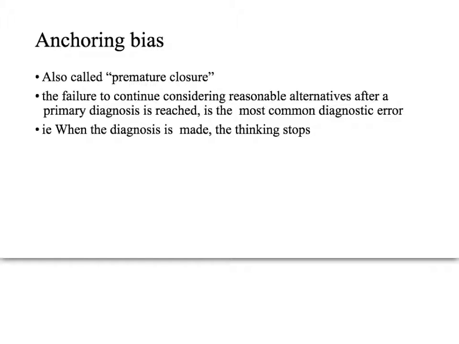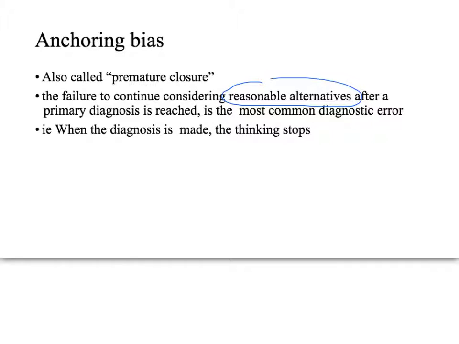One of the ways that you could have bias when you're looking at patients is called anchoring bias or premature closure. And this is a failure to consider other reasonable alternatives after a primary diagnosis is reached. And so the idea is as soon as you make the diagnosis, you stop thinking. And when that happens, a patient has an adverse outcome.